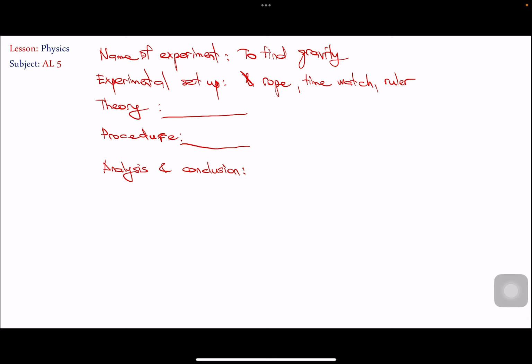Of course, there should be a table, calculations. So this analysis and conclusion should be the last one here. Finally, what you do, you find the gravity by the way that you have chosen.